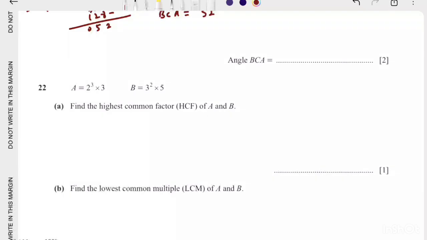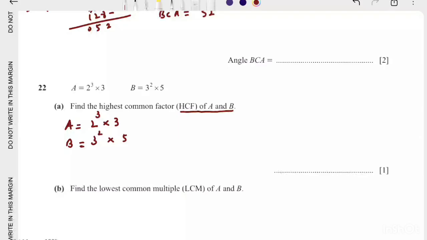Find the highest common factor of A and B. A is equal to 2 to the power 3 times 3, and B is equal to 3 to the power 2 times 5.